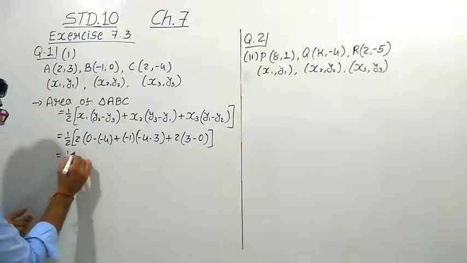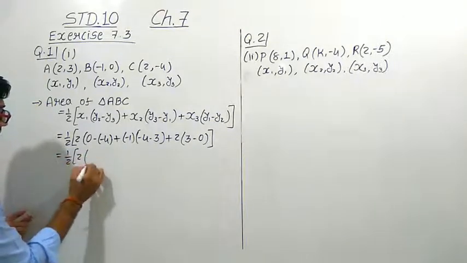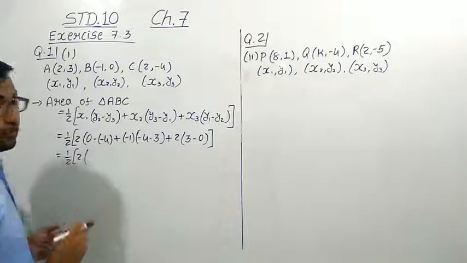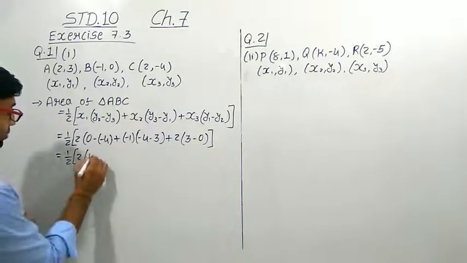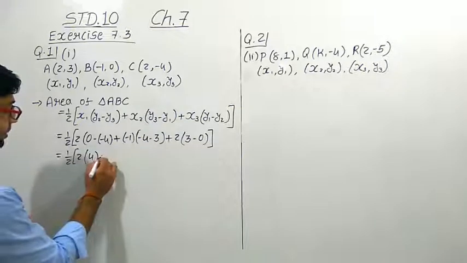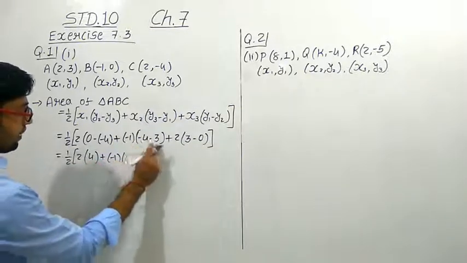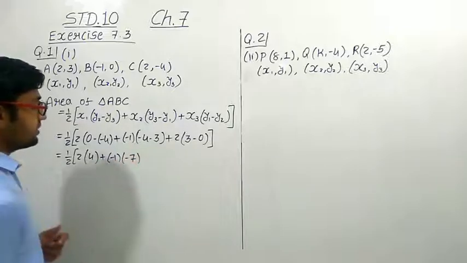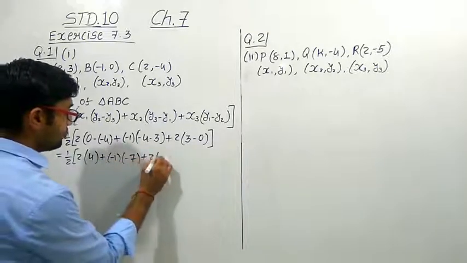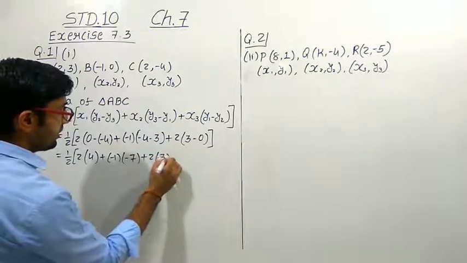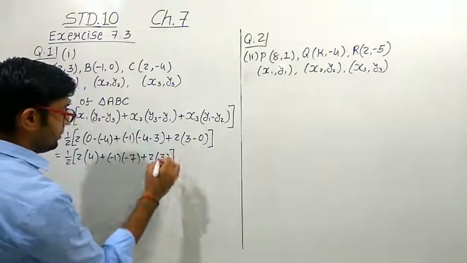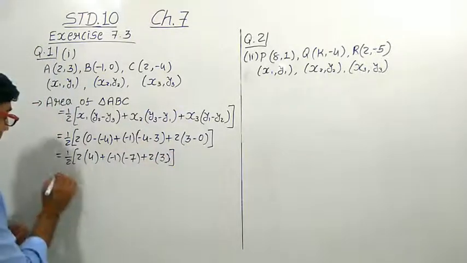Here we get 1/2 [2 in the bracket, 0 minus 4 is plus 4]. So here we get plus 4. Here minus 1 is already there, so minus 4 minus 3 is equal to minus 7, plus 2 times 3 minus 0 is 3, right? Now again let us simplify further.